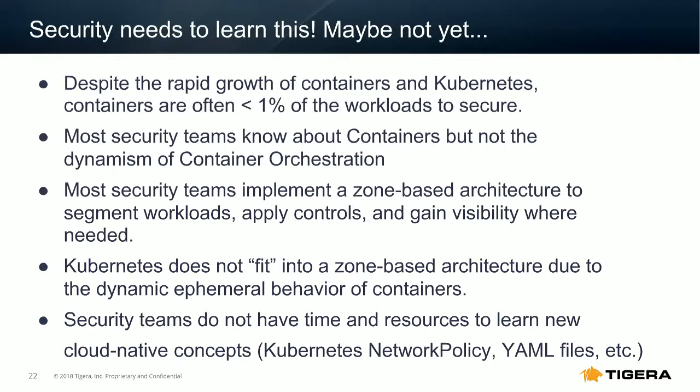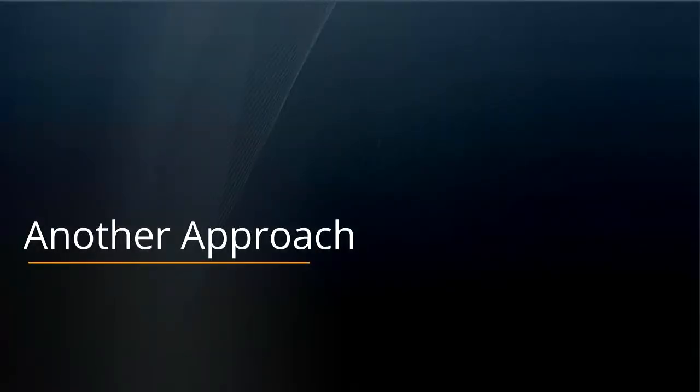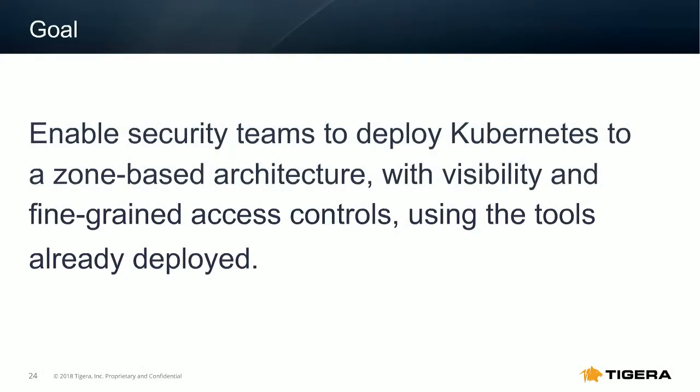If you need to go that next step to align to the security team and the tools that they use, there's another approach that you can take. The goal here is to enable the security team to deploy Kubernetes to their zone-based architecture and get the same visibility, the same fine-grained access controls, and to use the tools that they're already using and know today. This would be the vision and the easiest way to work with that team in the early days of them adopting these cloud-native workloads.